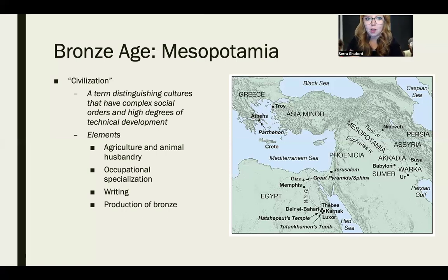And that made it a lot easier for people to get better at these things and have better results for the things that they needed. We also see writing. We start to see our first signs of language and documentation of that language. And then obviously, because it is the Bronze Age, we see the production of bronze, which is very important in sculpture, as well as tools and weapons and things like that.